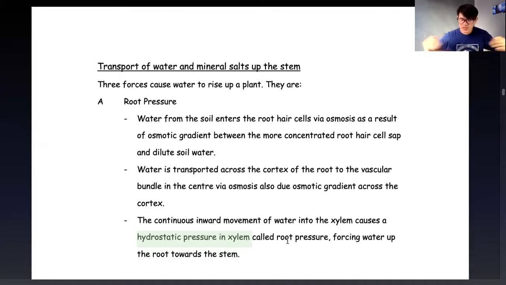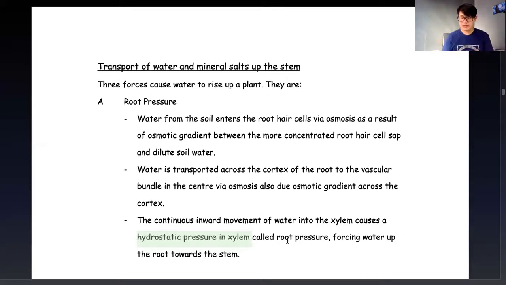Since there are a lot more people, if you think of it in a tube, the water can't go down because it's already at the ground. So the only way they can go now, to relieve a bit of the pressure, is to slightly go up, and that's how it aids.